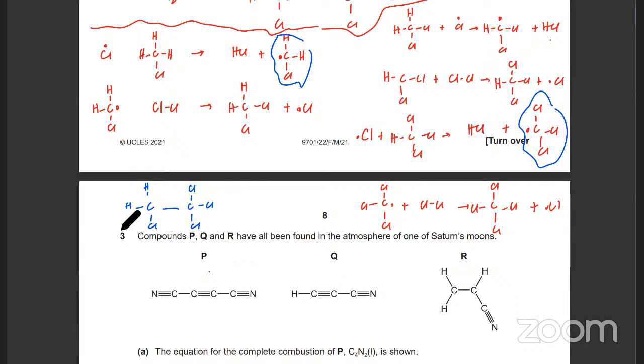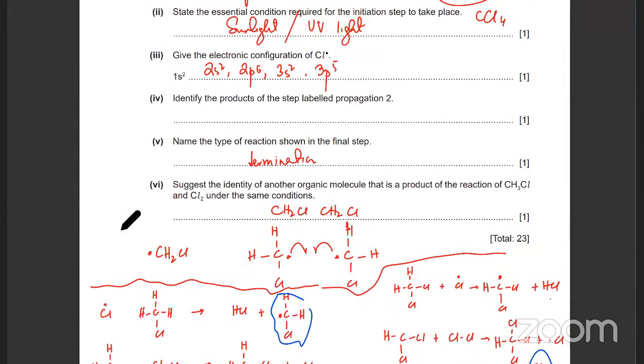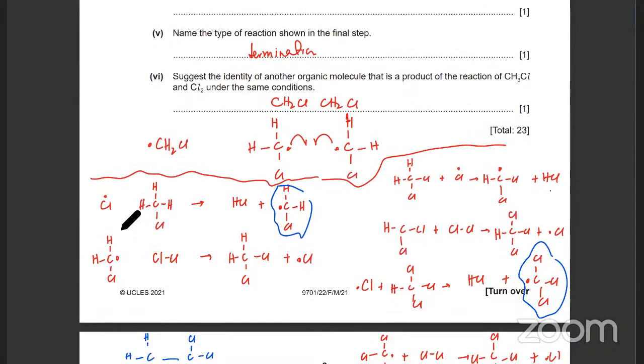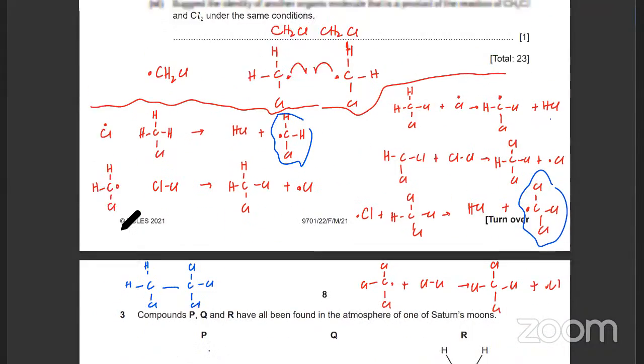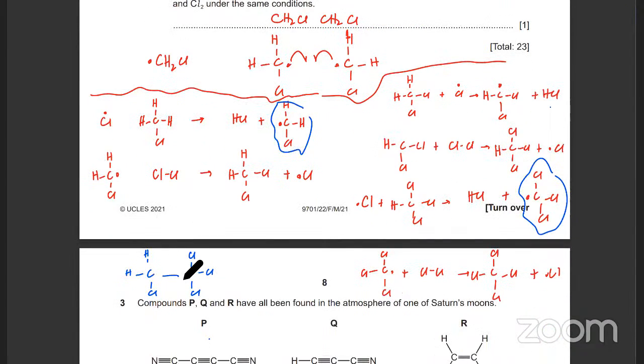Yes, sir, that's clear. And sir, another question. In the last propagation step you've drawn with the 4 Cls, couldn't the Cl attack another Cl and become Cl2? That can't happen.